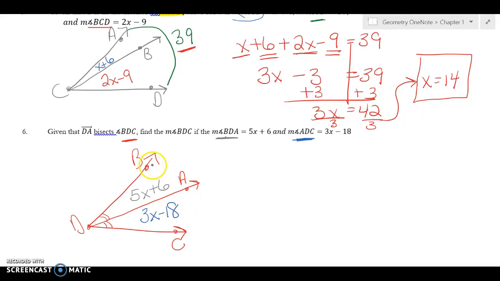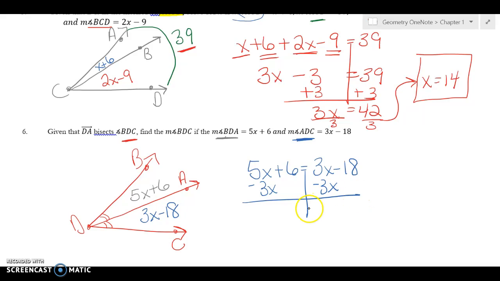And now I can't find the whole thing because I don't have any information. But I do know that these are bisected, so I can set those equal to each other. So I minus a 3x on both sides. So these cross off, so I have 2x plus 6 is negative 18.